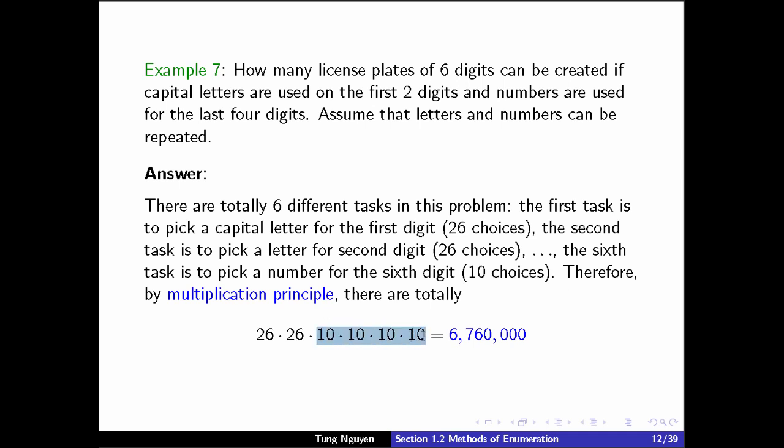And for the last 4, each of them we have 10 choices, so that will be 10 times 10 times 10 times 10. Using the multiplication principle, we obtain 6,760,000 different license plates we can create with such a rule.